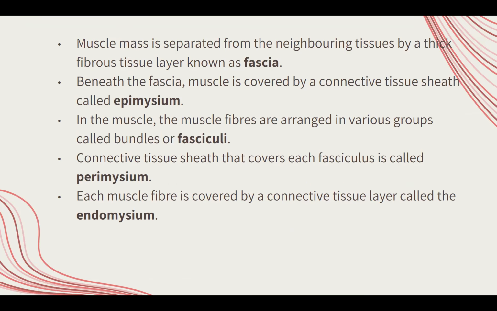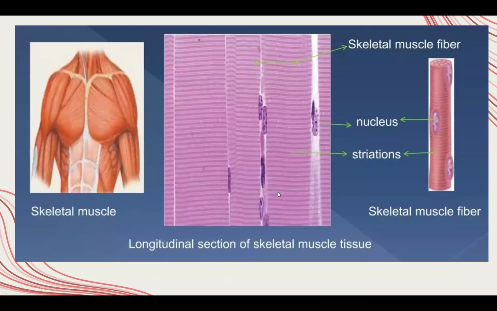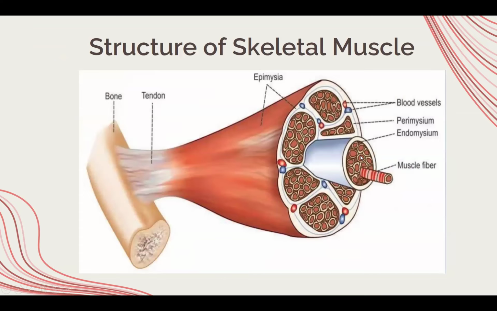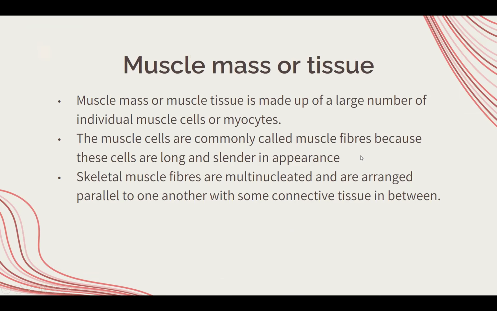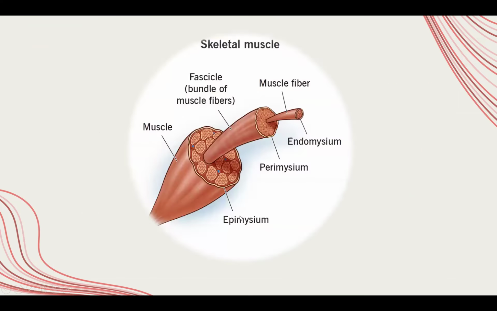The muscle fibers are arranged in groups like bundles, called fasciculi. This is a fascicle. The connective tissue sheath that covers each fascicle is called perimysium. And each muscle fiber is covered by a connective tissue layer called the endomysium.